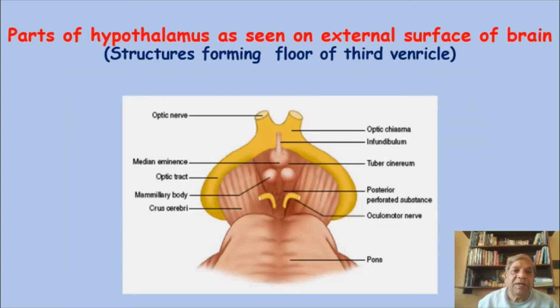Now, this part of the hypothalamus, which is seen on the external surface of the brain on its ventral surface, is a very small part, and this is located in the interpeduncular fossa. Let us see, this is the optic chiasma, the optic tract, the crus cerebri, and in between the crura cerebri of the right and left side, this small triangular structure is present in the depth, and this is the interpeduncular fossa.